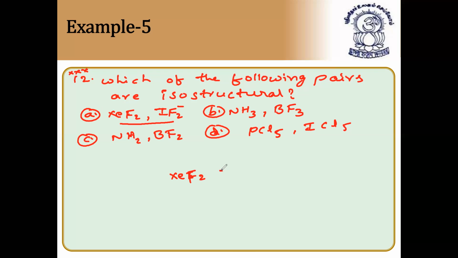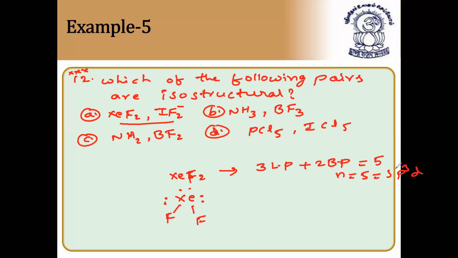Xenon contains 3 lone pairs and 2 bond pairs, one with each F. So it is 3 lone pairs, 2 bond pairs, so it is 5. So our hybridization is sp3d. So the lone pairs and bond pairs should match.